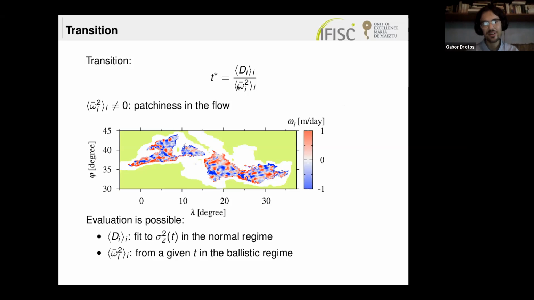Then we can evaluate these two quantities, predicting the time of the transition. First of all, the diffusion constant can be estimated by a linear fit to the variance as a function of time in the normal diffusive regime, just what I showed a few slides before.